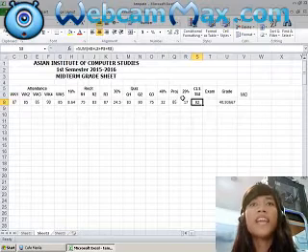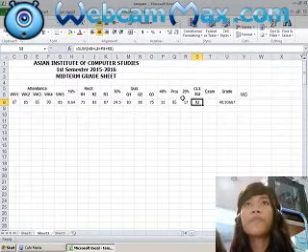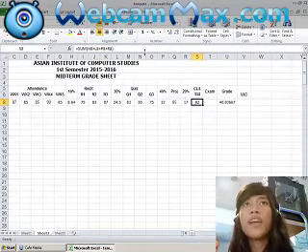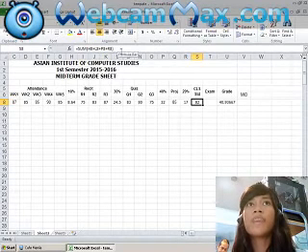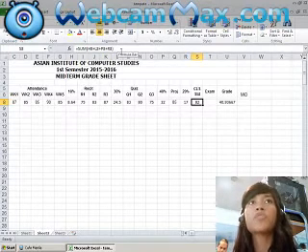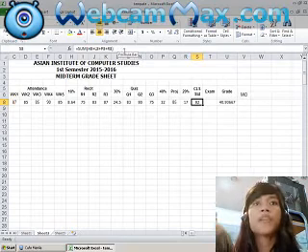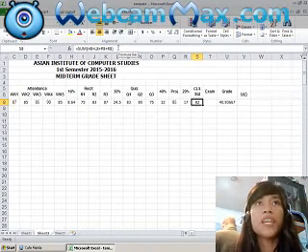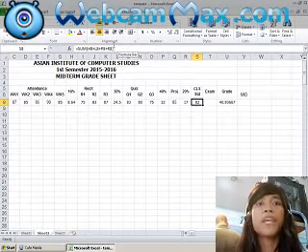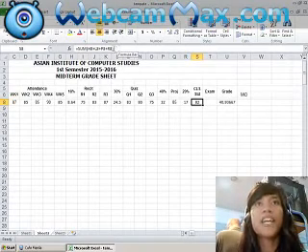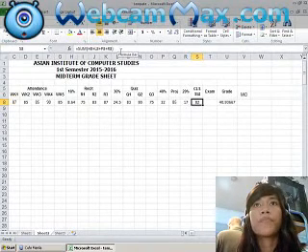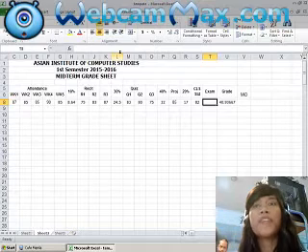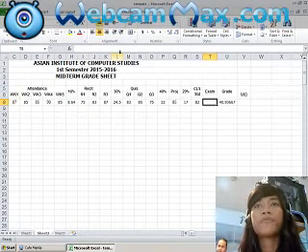And on the class standing, for example, 82. And to get the total, we will use the formula: equals sum, open parenthesis, H8 plus L8 plus P8 plus R8, close parenthesis. And on exam, for example, 85.